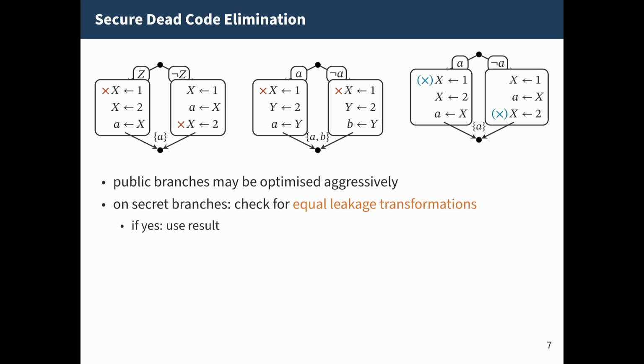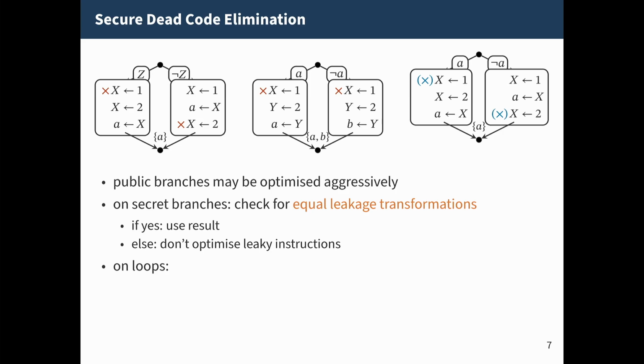If not, we have to use some kind of fallback path. In the case of dead code elimination, this would mean either just not doing dead code elimination, or restricting it to non-leaky variables. The interesting thing is that this fallback is always local. If we have to fall back somewhere and can't optimize this construct, this doesn't mean that we can't optimize other parts, so it doesn't affect the whole program.